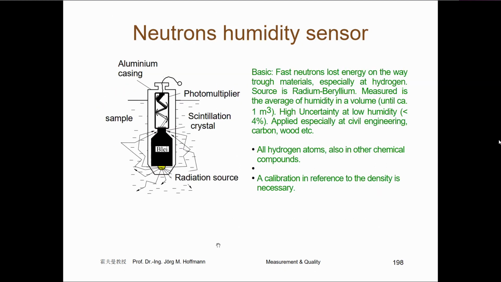So, and the last one that I would like to mention is a completely different principle. That is a neutron humidity sensor. It is used when you would like to measure the humidity in a bigger area, in the ground where you would like to erect buildings, for example, in civil engineering.